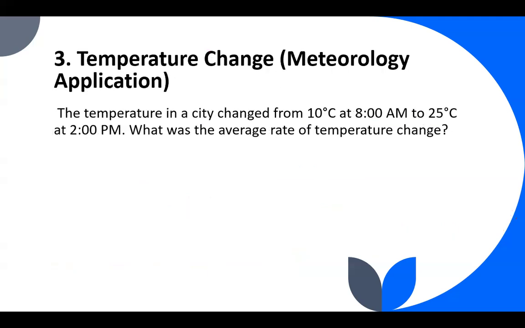All right, next one. The temperature in a city changed from 10 degrees Celsius at 10 a.m. to 25 degrees Celsius at 2 p.m. What was the average rate of temperature change?